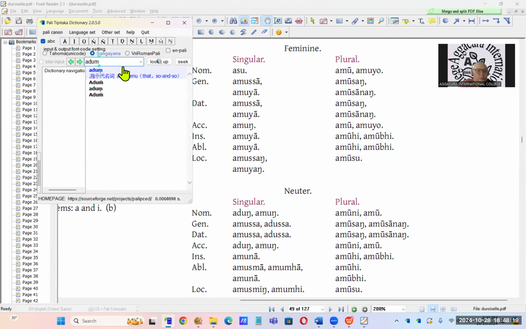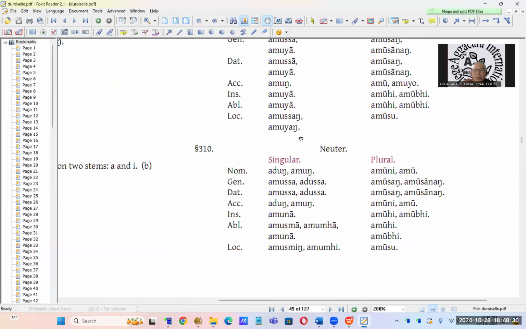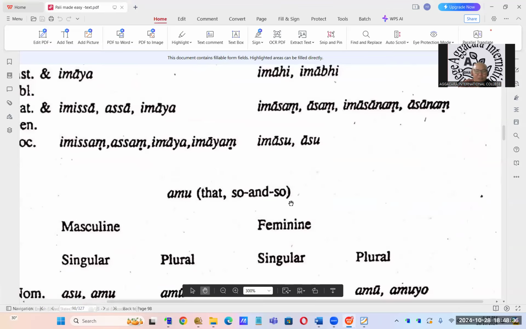Neuter from the asu becomes adum. So there are three: amu, asu, adum. So what's the meaning of this amu, asu? That, or so-and-so.